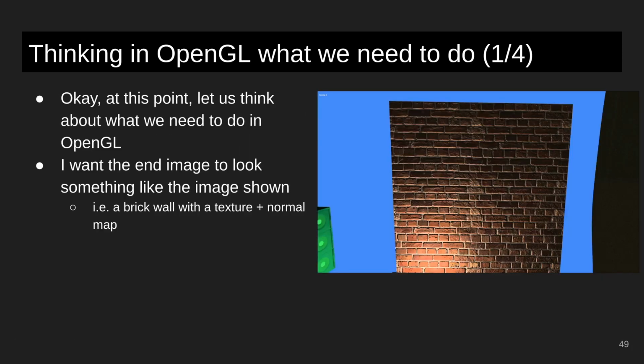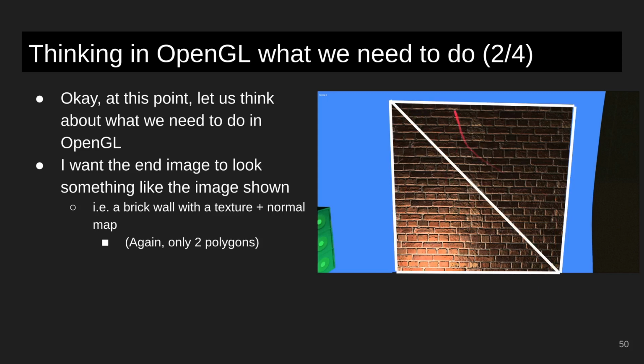Okay, so at this point, let's think about what we need to do in OpenGL. We want this image, or something that looks like this, a bumpy brick wall, but really we know it's just 2 polygons. But it looks like it has much, much more detail. It's just a diffuse texture map and a normal map.